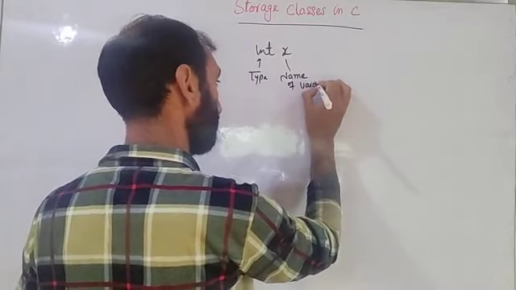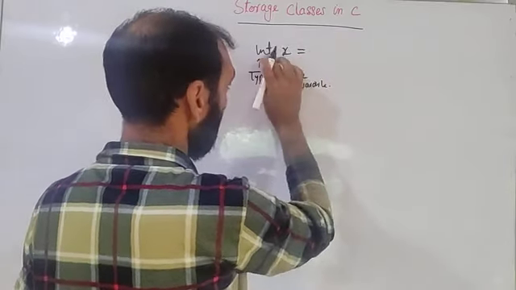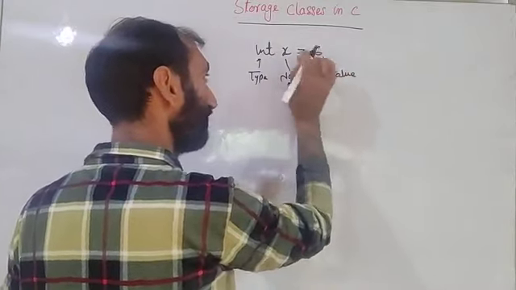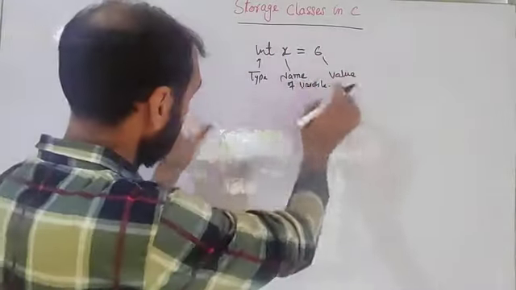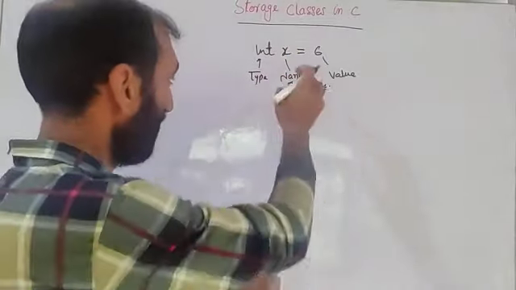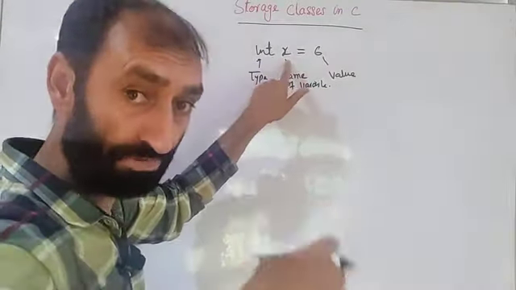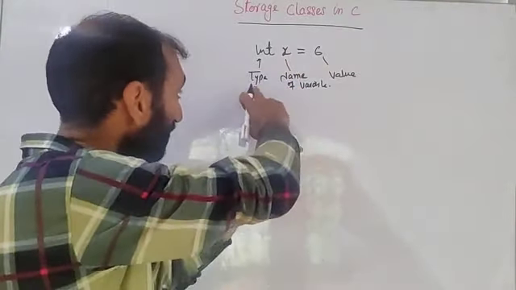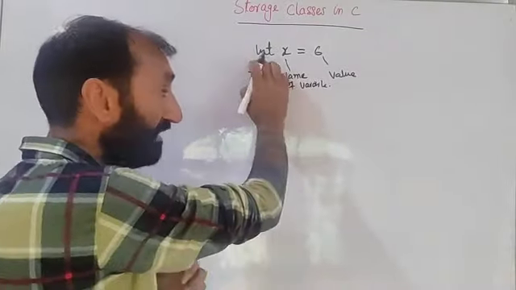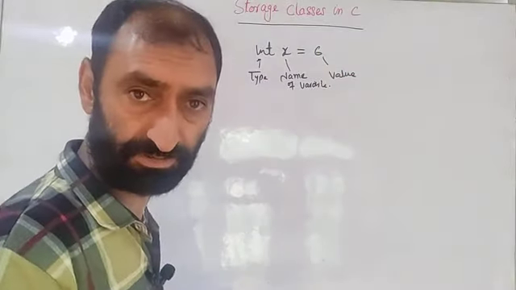For example, if I initialize this, simply I write here int x = 6. That means now 6 is the value at x. So this declaration and initialization tell three things regarding the variable: the name of the variable, the type of data that is going to be stored in the variable, which in this case is an integer, and if I initialize it, 6 is the value at x.